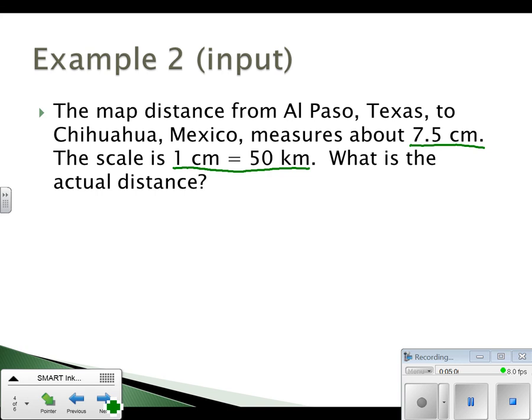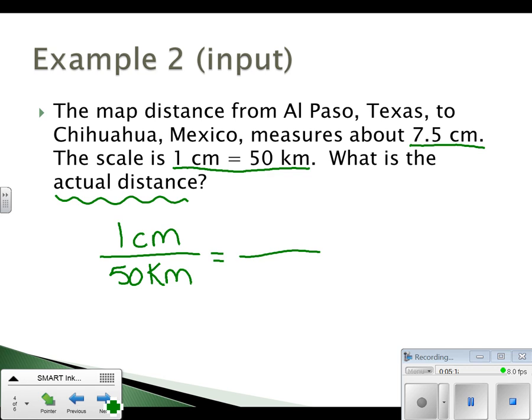We want to know what's the actual distance between El Paso, Texas and Chihuahua, Mexico. Well, we're going to use the scale. 1 centimeter is to 50 kilometers. And we are going map to actual distance.